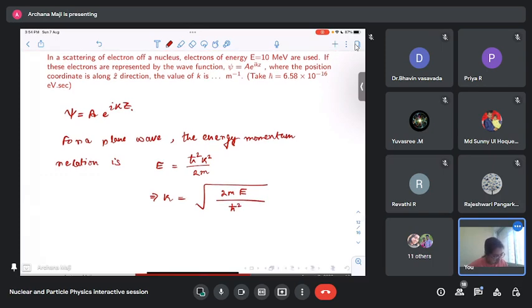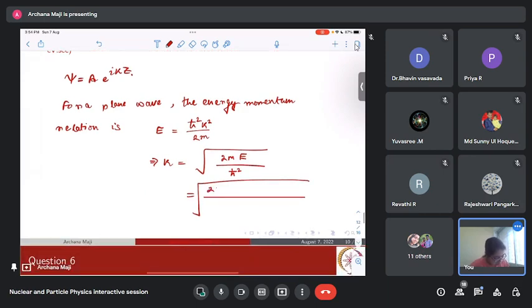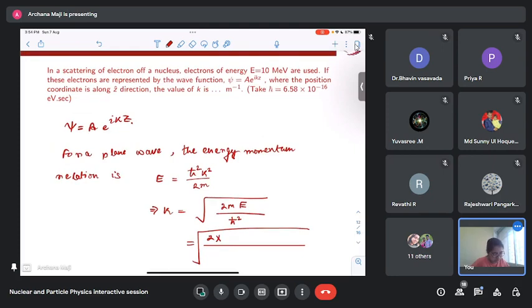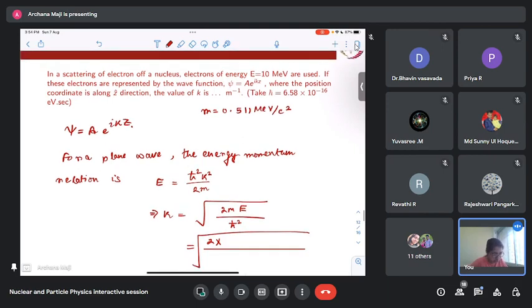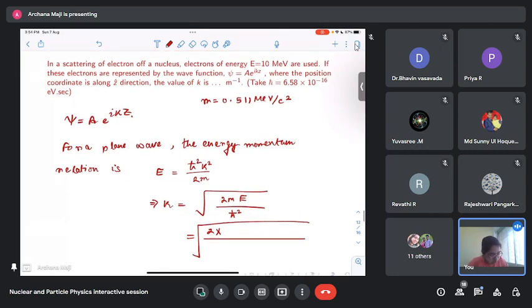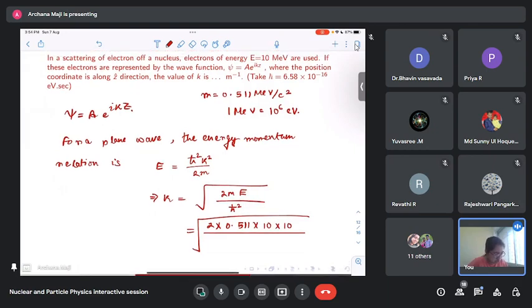E is 10 MeV, so square root of, consider mass to be in MeV per c square. Since h cross is given in electron volt, so better to convert the numerator in electron volt.